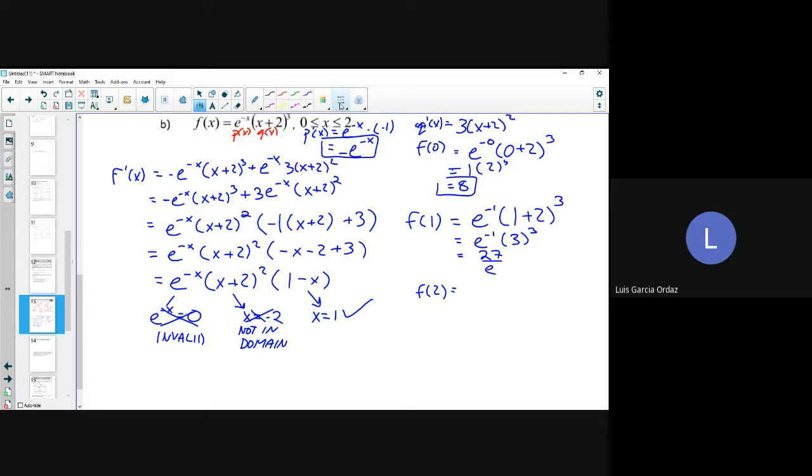And if you look back at lesson 1, what is the approximate value of e? 2 point what?